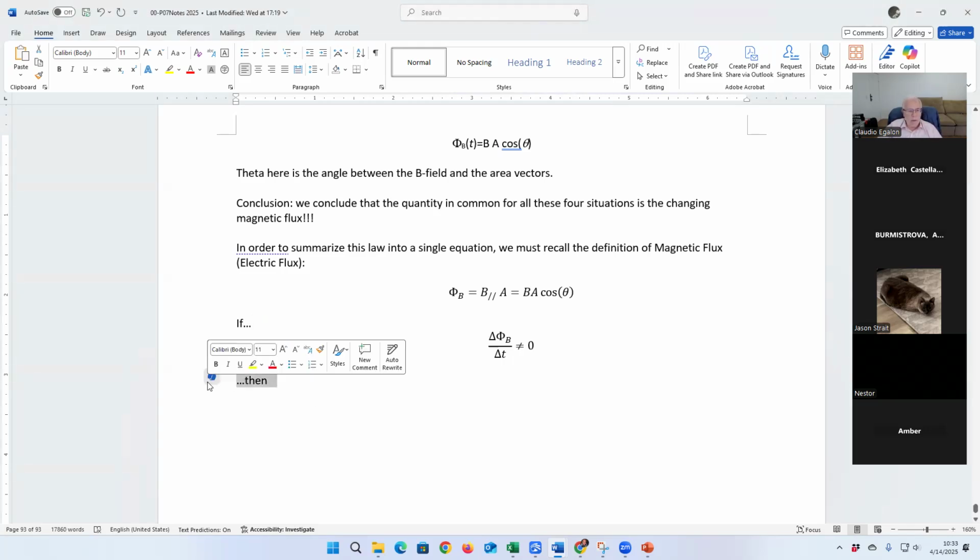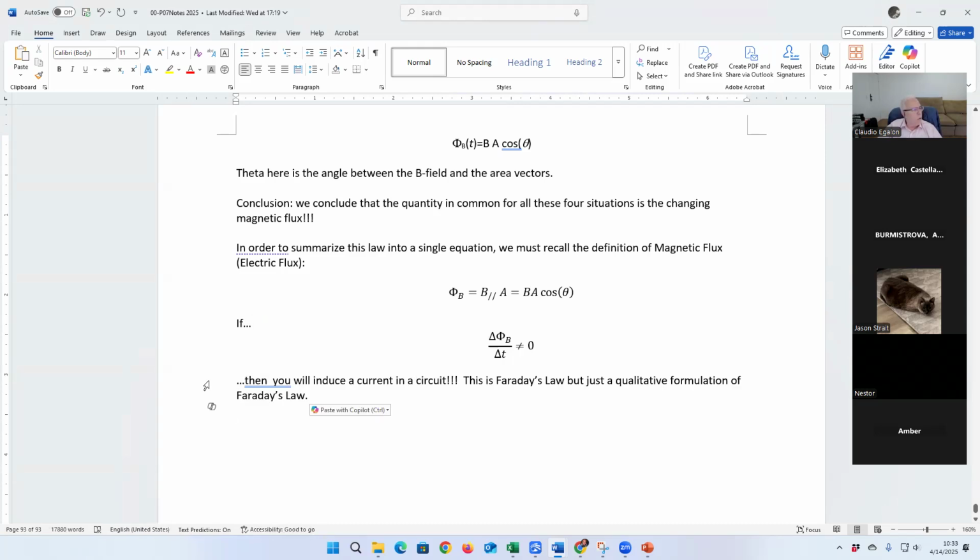You will induce a current in a circuit. That's the whole secret of the creation of current without the battery. Okay, generators again use this principle in physics.